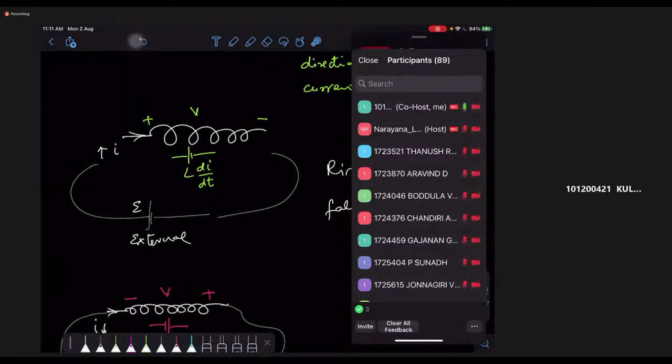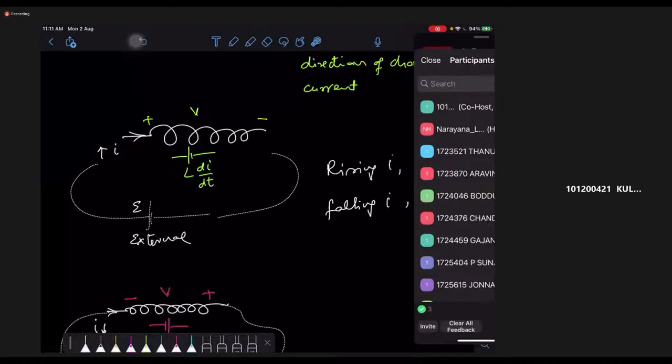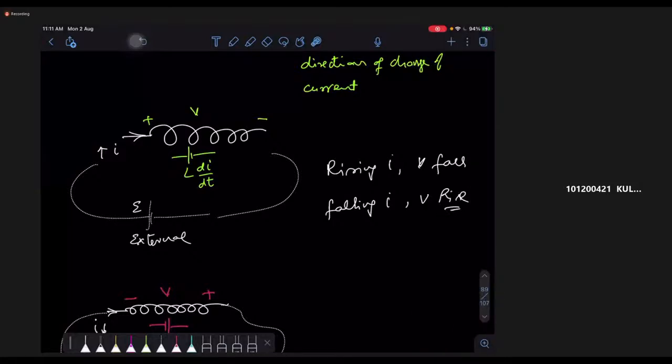And the polarity is very important to note here. So in which direction will the polarity be? Try to understand: it always opposes the increase. So who is increasing this current? Some external battery tries to increase this current. So this induced battery is going to be opposite. So the external tries to increase the current, and this induced one is going to be opposite. So the polarity will be plus minus.